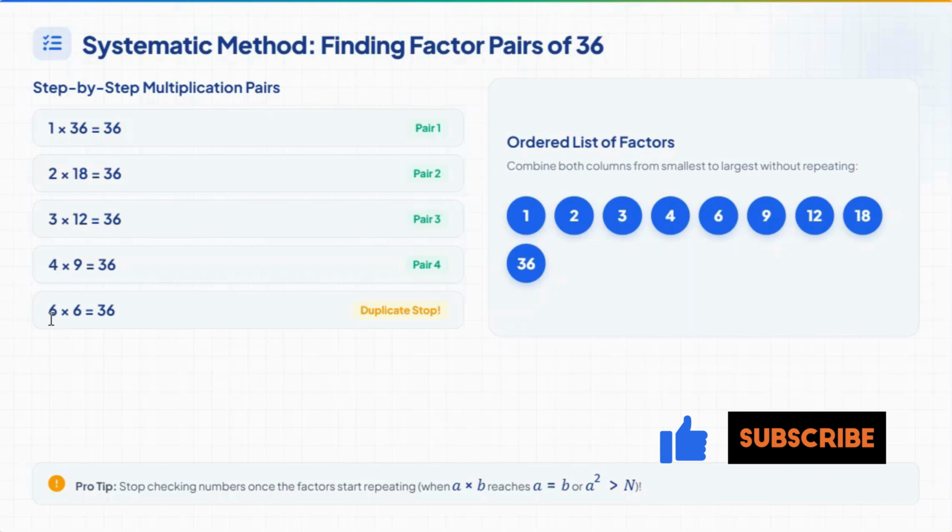And 6 times 6 gives 36. Now you have to stop, because you got duplicate values, and 6 times 6 is a perfect square, which is a signal that you are completely finished. So the factors are 1, 2, 3, 4, 6, 9, 12, 18 and 36.